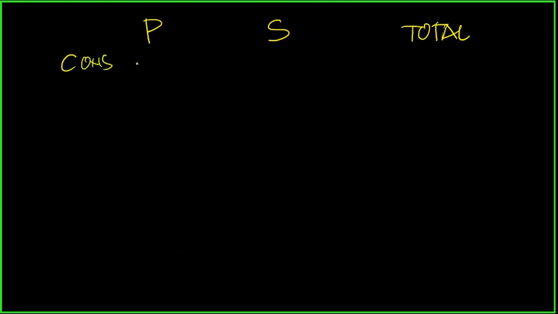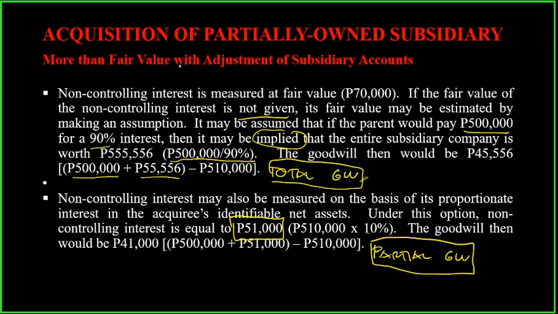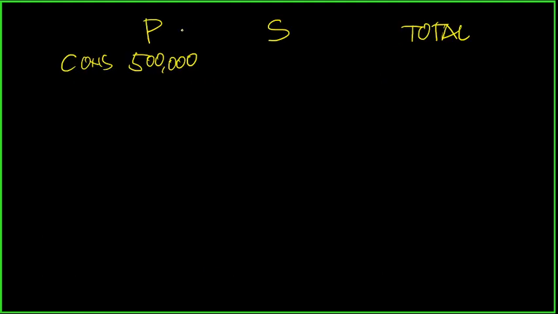The parent is going to pay, let's go back, 500,000, okay, for how much? For 90%. Let me write that down. 90%. Subsidiary at 10%. Okay, let's just focus on the fair market value na lang para mabilis, ha? Less the fair market value of net assets acquired. Okay, ito yung net assets acquired.